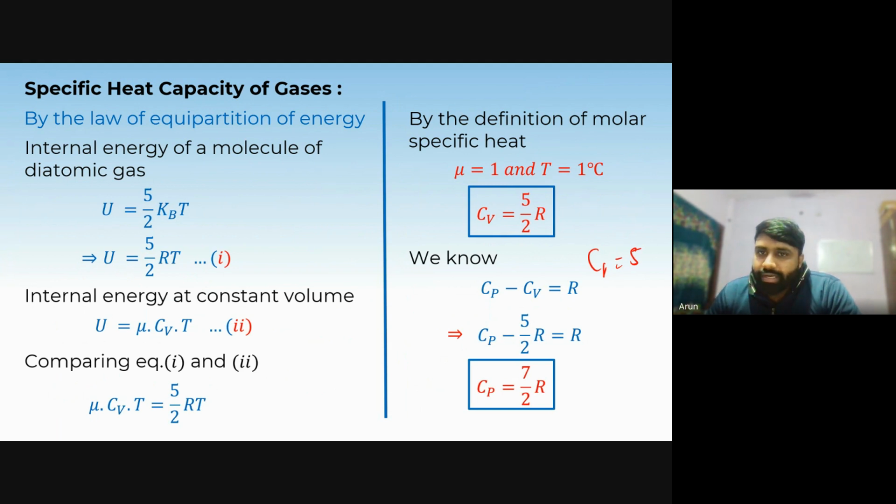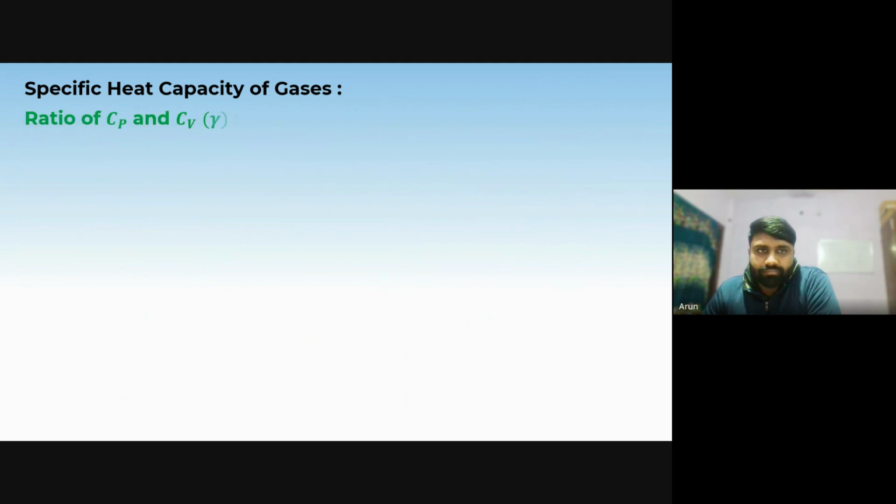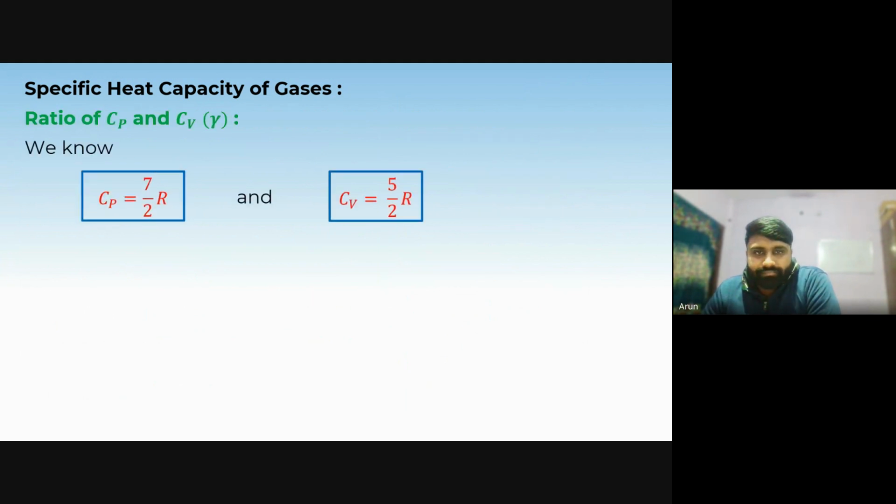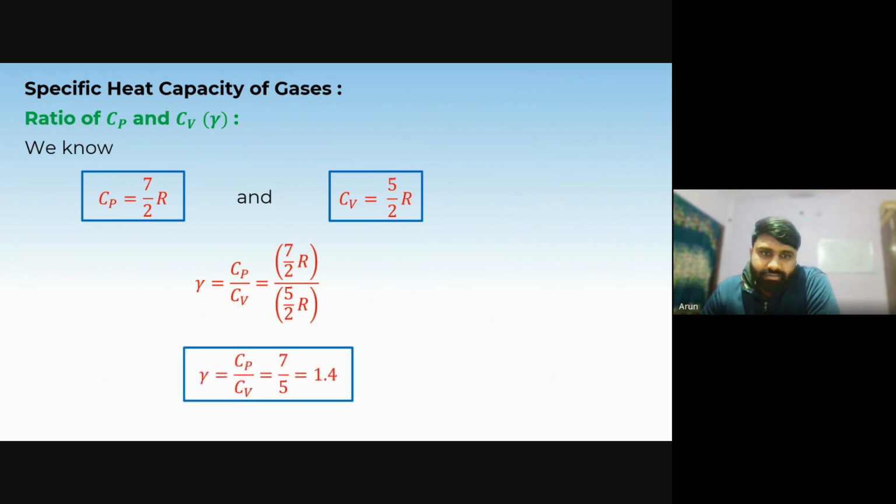Only plus 2 you need to add. Okay, you can remember this relation by that formula. So Cv is 5 by 2, Cp is 7 by 2. What is gamma? Gamma is Cp by Cv, which results in 7 by 5 for a diatomic gas, or 1.4.